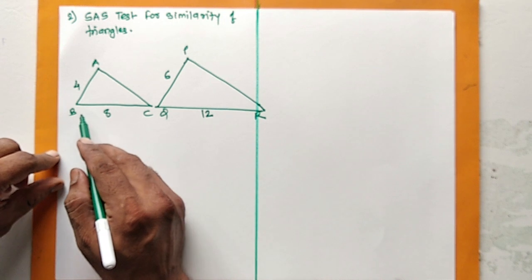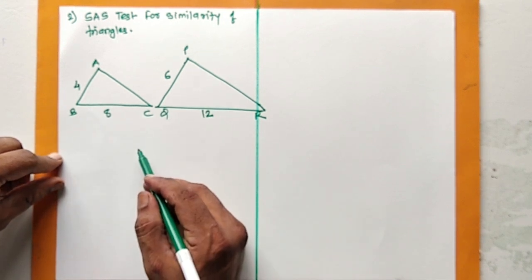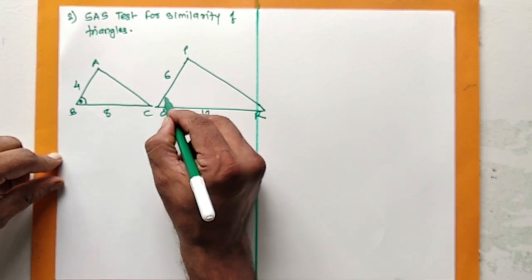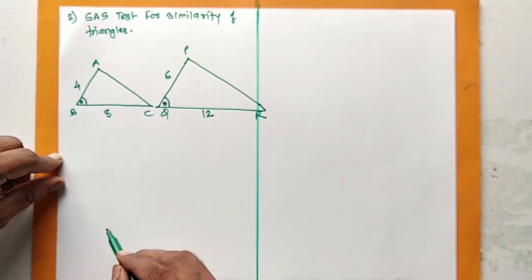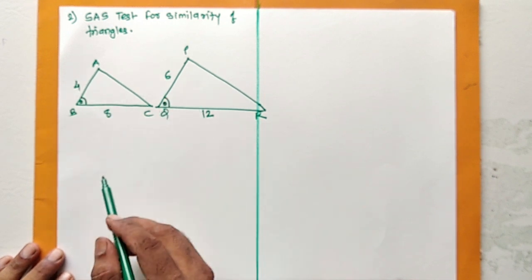The lengths of two sides of the triangles are given, and the included angles of the two sides are congruent. Check the ratio of the corresponding sides.